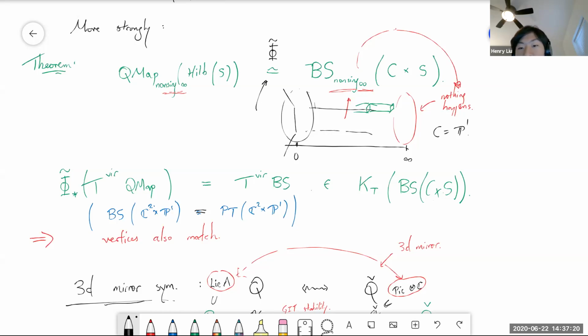Lurking behind all of these objects is this group UQGL1 hat. Can you see this group on the BS side?